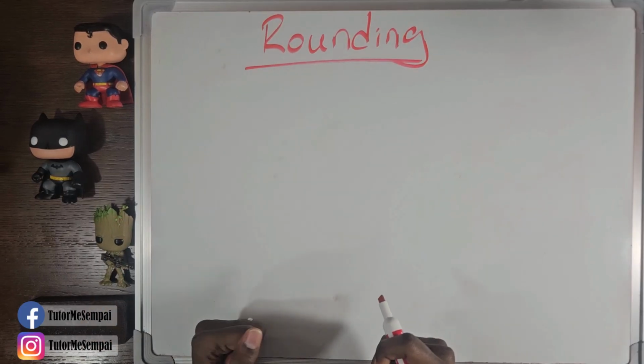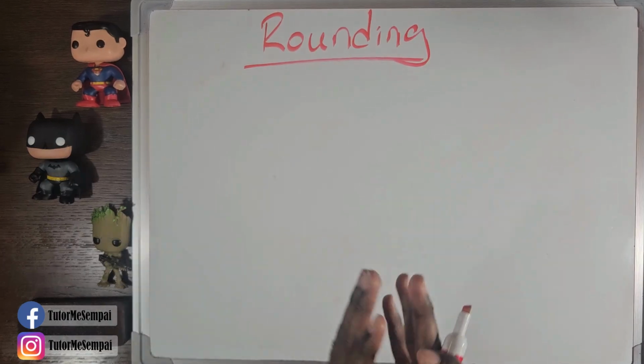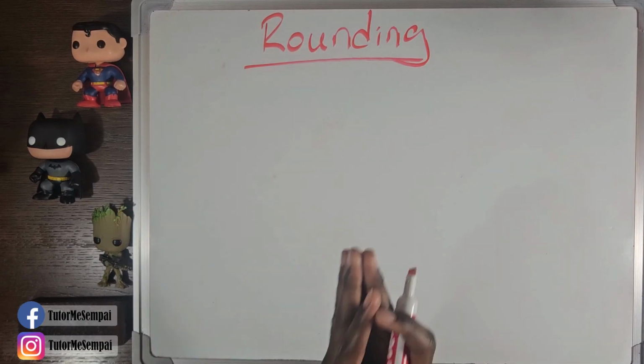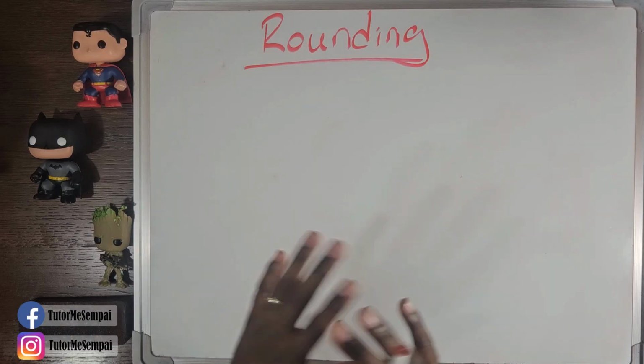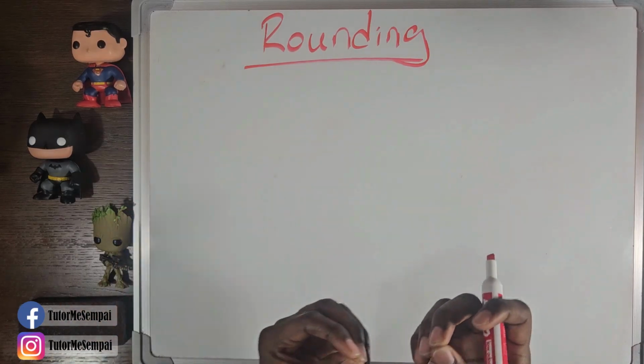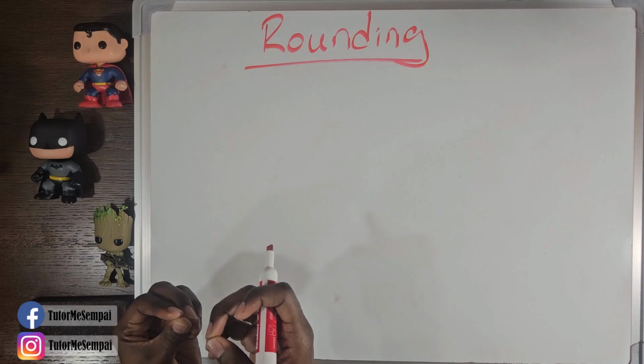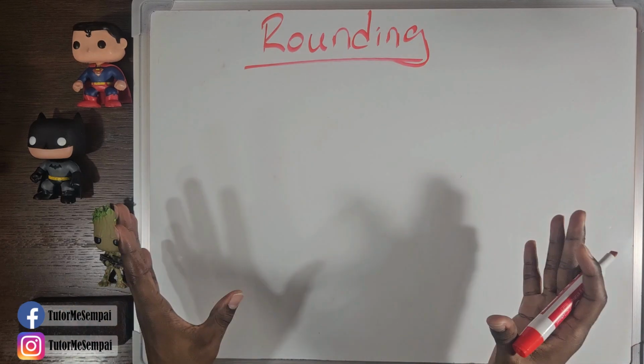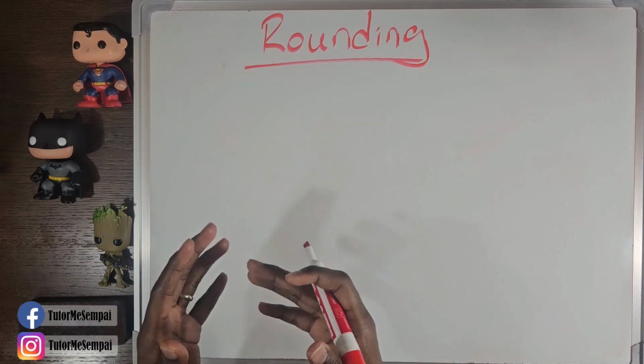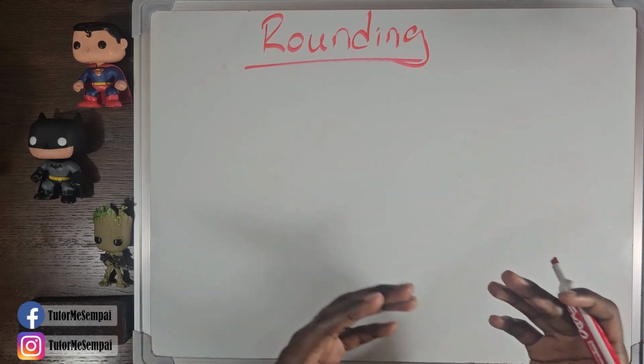Now, when we round, the first thing we need to know is to what place value we are rounding to. You can't round your number without knowing what place value you first need to round to. That's because depending on how big your number is, you can round to many different place values and get many different answers.